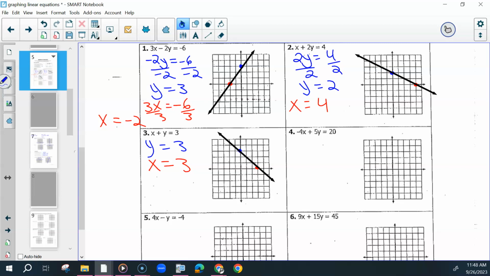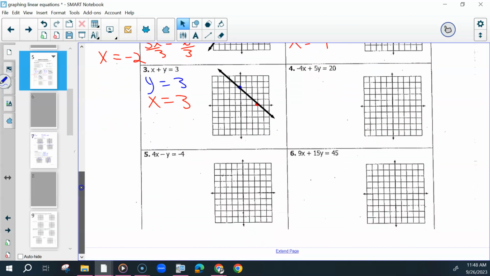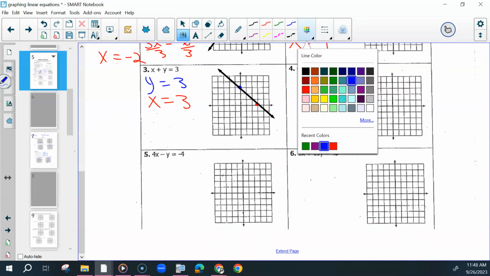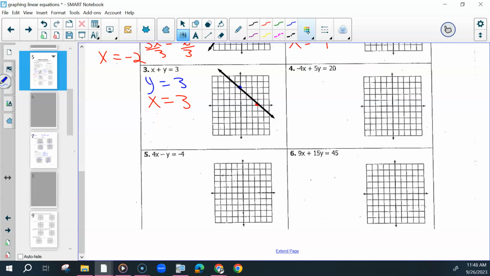Number 5. If we're solving for y, how would we write that equation? What's left? Negative y equals negative 4. So don't forget about that negative. And then divide both sides by negative 1.